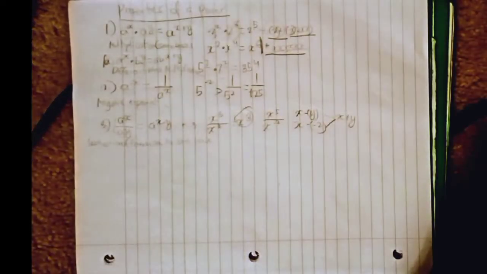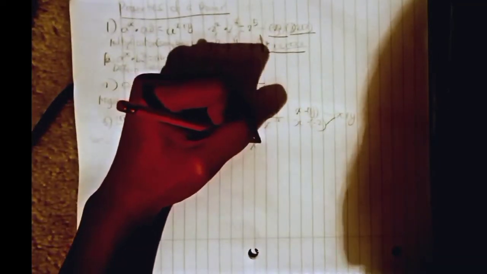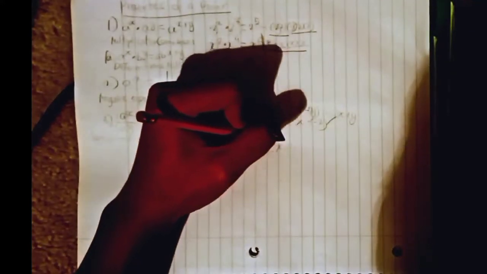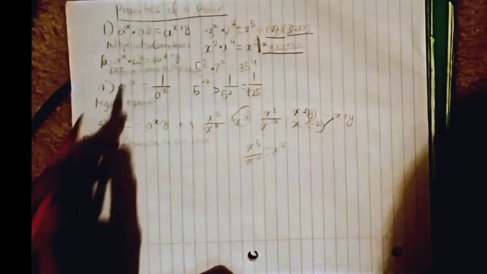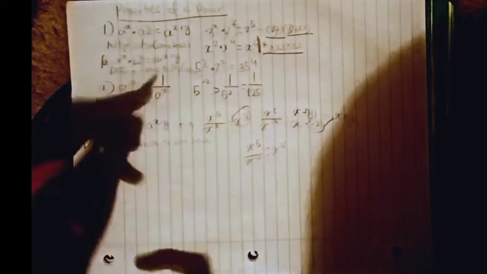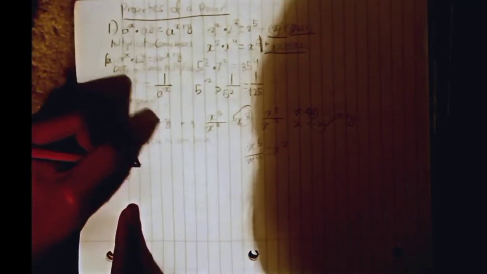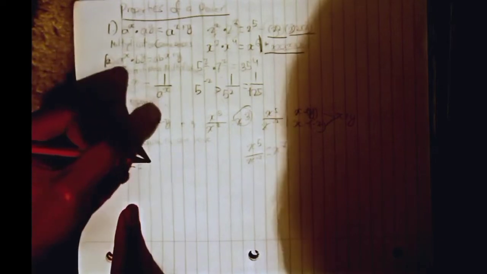So x to the 5th over x to the negative 2 is 5 plus 2, x to the 7th. It also has a different base division. a to the x over b to the y would be a to the x over b to the y.